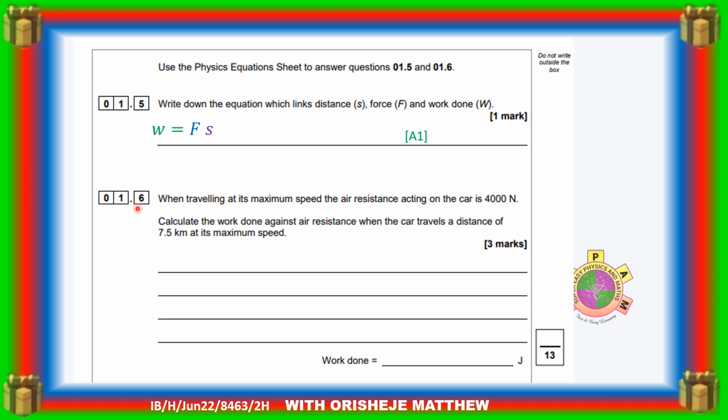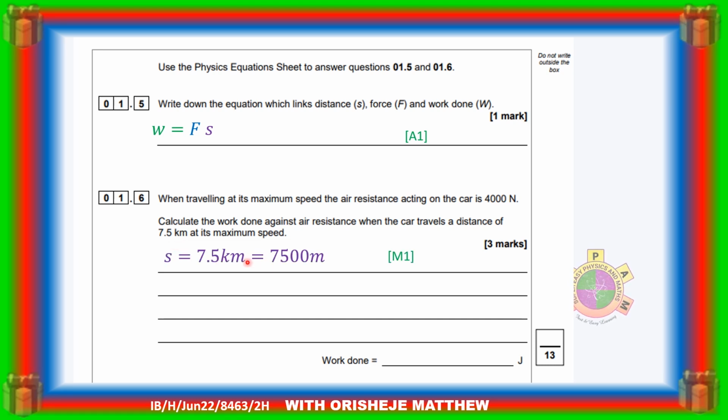The last question here, question 1.6. When traveling at its maximum speed, the air resistance acting on the car is 4,000 newtons. Calculate the work done against air resistance when the car travels a distance of 7.5 kilometers at its maximum speed. So the first thing you need to do is express this 7.5 in meters, because kilometer is not the standard unit for distance.